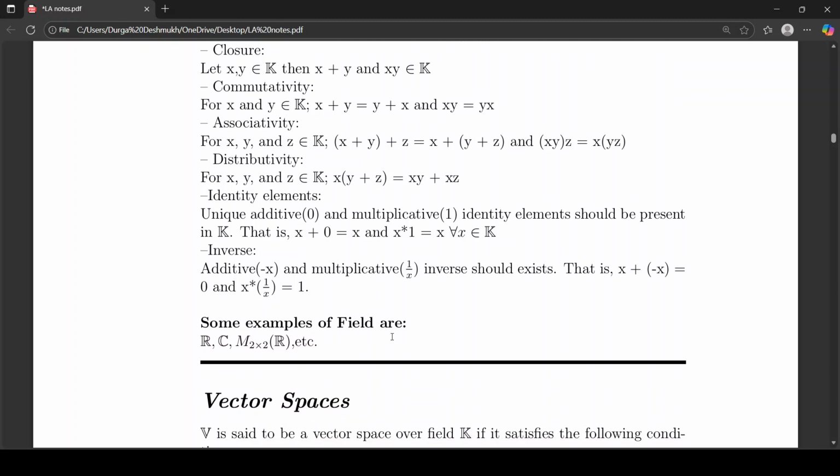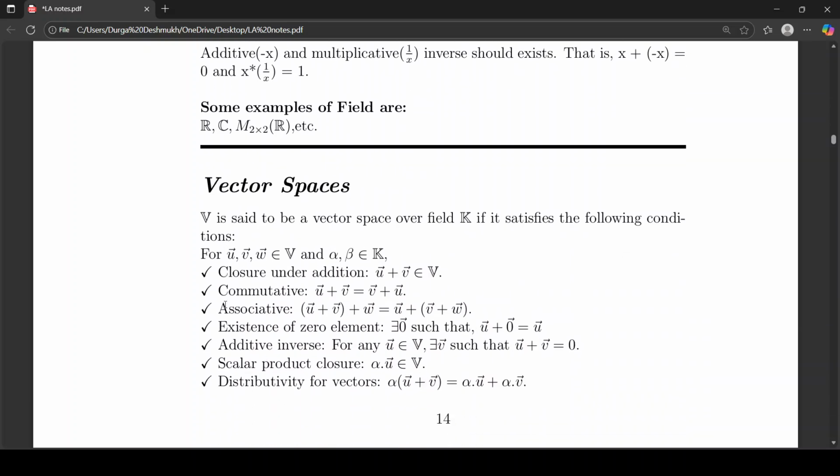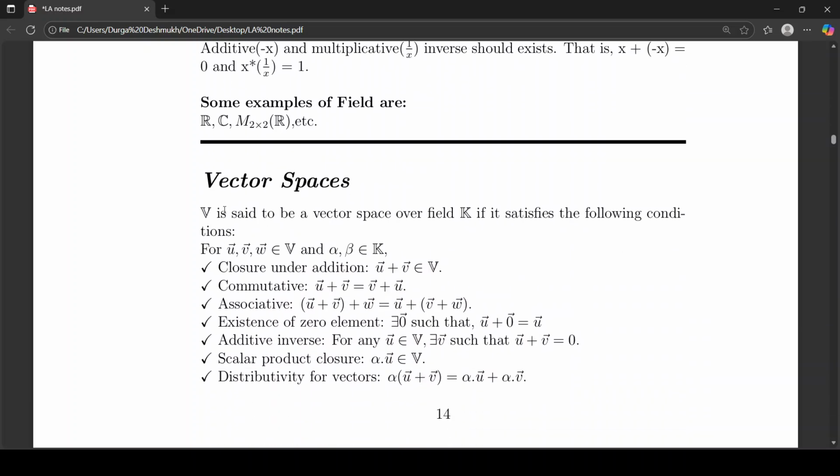There are some examples of field, like the set of real numbers, the set of complex numbers, and the set of all 2 by 2 matrices, right? Now moving further, vector spaces. So V, that is a set, is said to be a vector space over field K if it satisfies the following conditions.